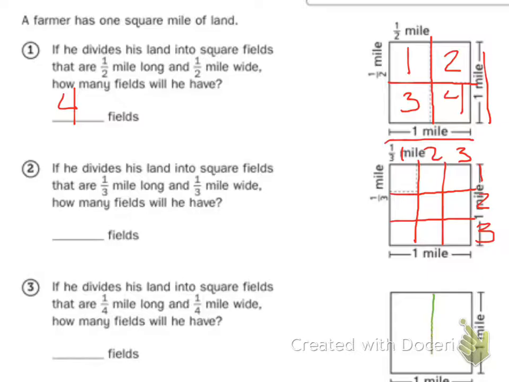So I'm going to first split it in halves, then fourths. So now I have 1, 2, 3, 4, 1, 2, 3, 4. Count up all of the squares we made together, or you can multiply 4 and 4 to get how many fields he has.